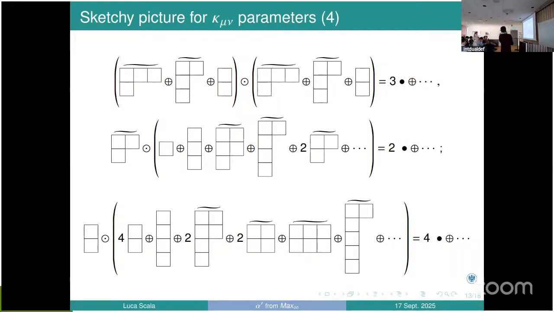Here, let's consider a 3-box generator with a 5-box generator. Here you obtain terms only from these 2 trace parts of this 5-box generator, because they are the only ones that can pair with this. So here we have apparently 2 invariant terms.